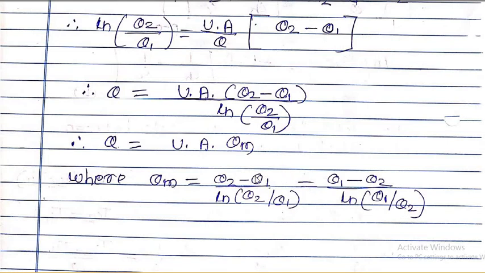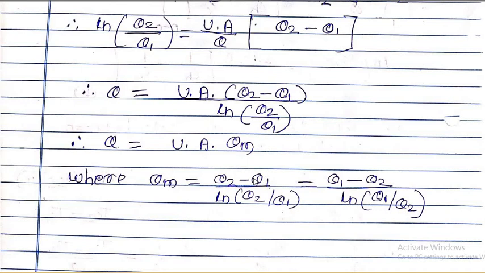Okay, the equation for the counter flow LMTD and for the parallel flow LMTD is the same as it is, but we have to remember that in case of a parallel flow heat exchanger, theta 1 is nothing but TH1 minus TC1, that is the inlet temperature difference of hot fluid and cold fluid, and theta 2 is equal to TH2 minus TC2.